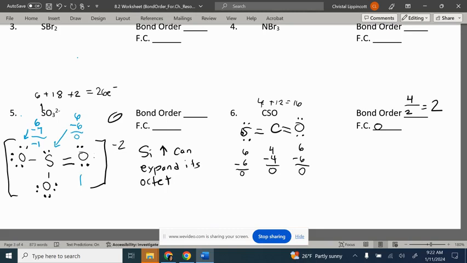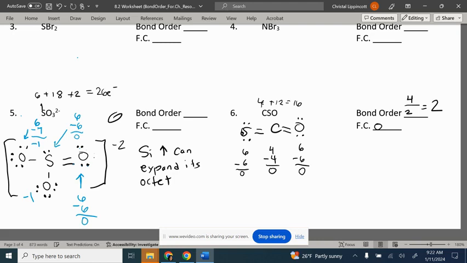This oxygen here, 6 minus 1, 2, 3, 4, 5, 6. Its formal charge is 0. And then this oxygen down here is going to be an exact repeat of this guy up here. So it's going to be a -1.